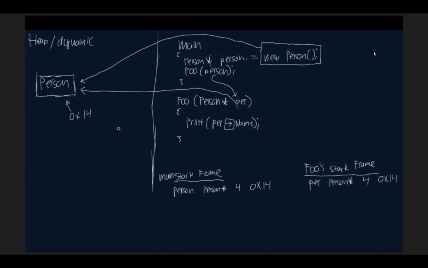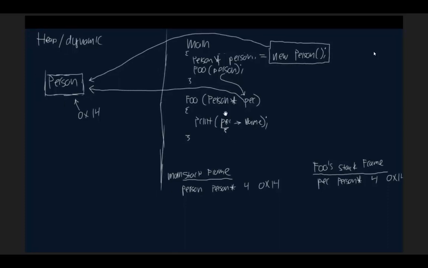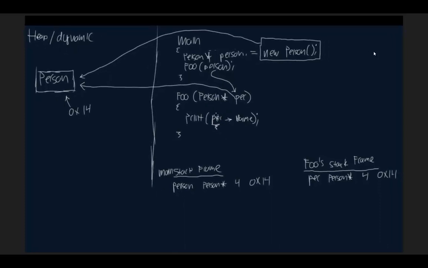The arrow, what does that mean literally? It literally means dereference this object and return a member from the dereferenced object. So it says dereference per, which means find out where per is pointing and then get that object and then get its name property out of it.